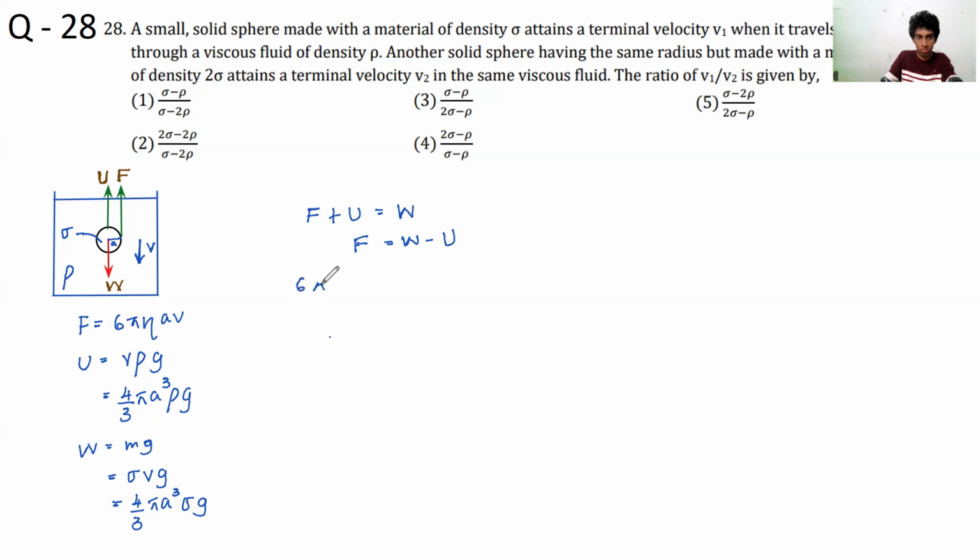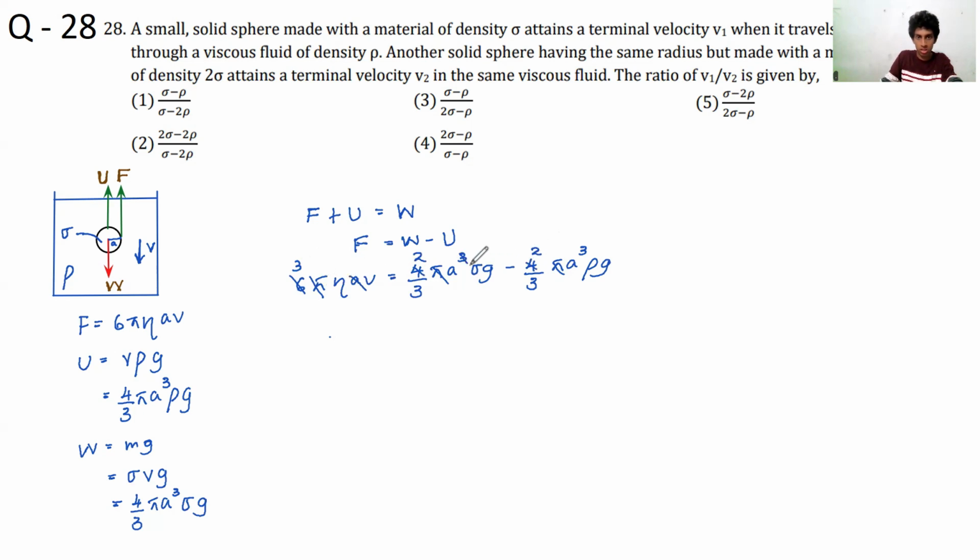Therefore 6 pi eta A V is equal to 4 over 3 pi A to the power 3 sigma g minus 4 over 3 pi A to the power 3 rho g. Then here we can cancel the pi terms and we can divide by 2. This will be 3, this will be 2, and this will be 2.